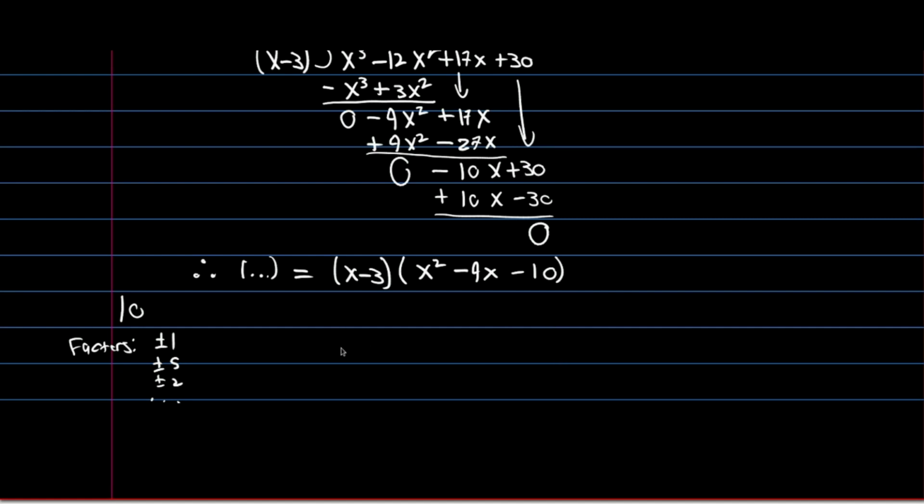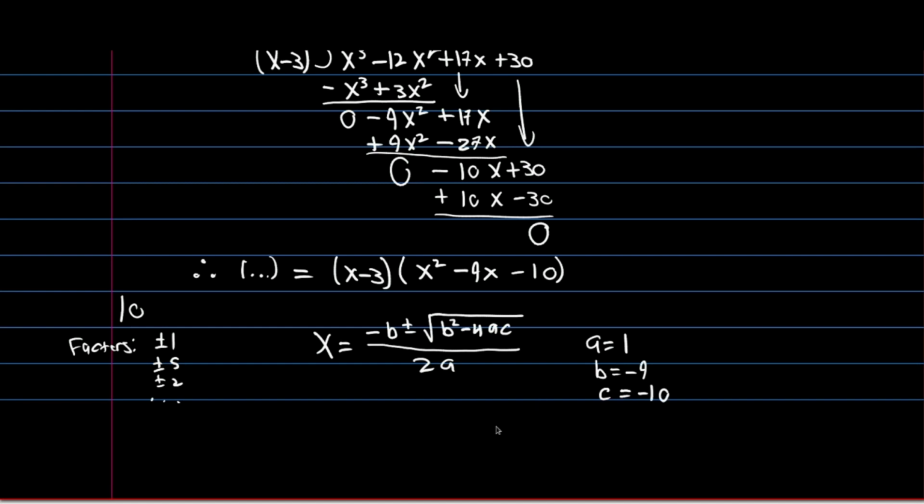And if we use the quadratic formula, that would be x equals negative b plus or minus the square root. If we plug these into the quadratic formula, we get x equals positive 1 or 10. Sorry, that's negative 1 and positive 10. So therefore, x plus 1 and x minus 10 are factors.